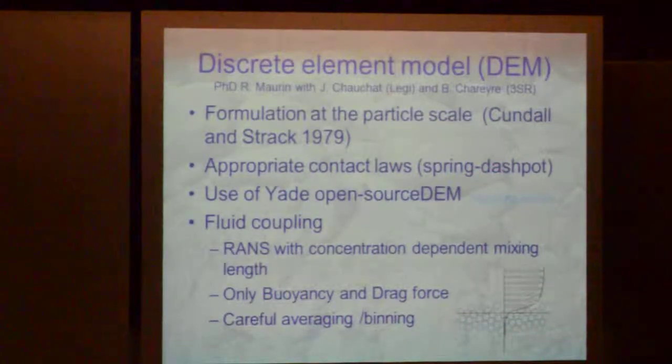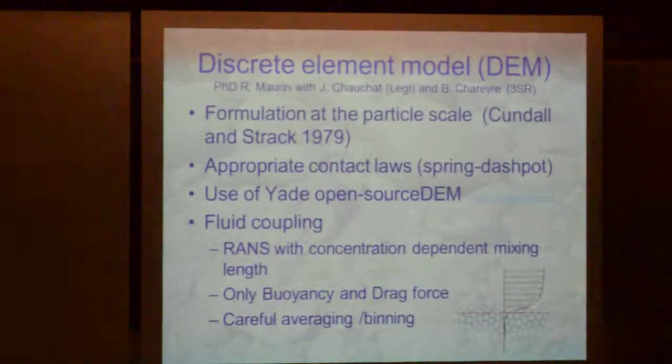What is interesting is that it defines an effective restitution coefficient and a friction coefficient. In fact, the results of the model don't depend a lot on the values you take for the restitution coefficient and friction coefficient, except the extremes of 0 and 1, of course. So this is why this kind of modeling is popular. It does not have a big predictive power, but it allows numerical experiments.